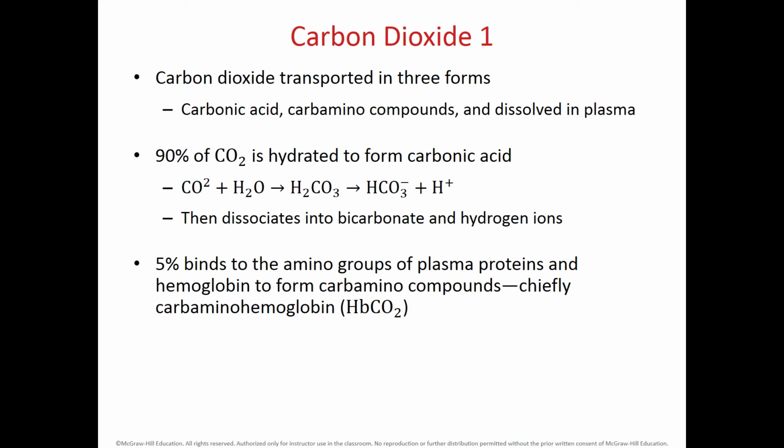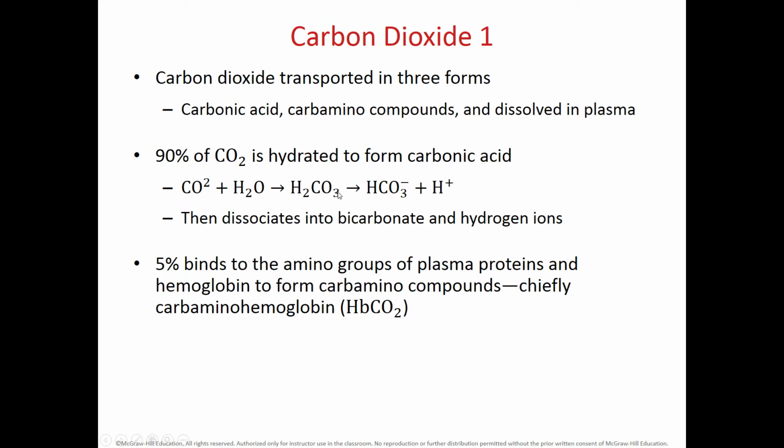Carbon dioxide can be transported as carbonic acid, as we mentioned before, as carbamino compounds, and dissolved in plasma. 90% of the CO2 will form carbonic acid, and this is how you form it. You have 1 molecule of CO2, then you combine it with 1 molecule of water, and then you will have H2CO3, or carbonic acid.